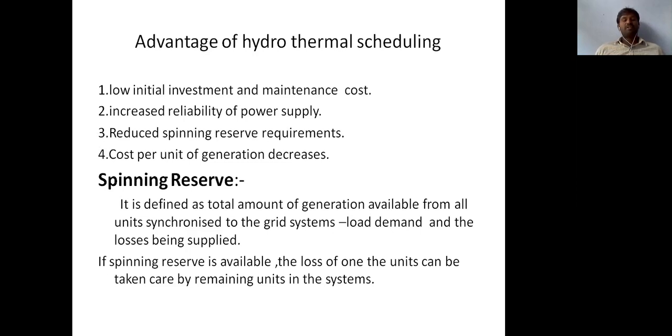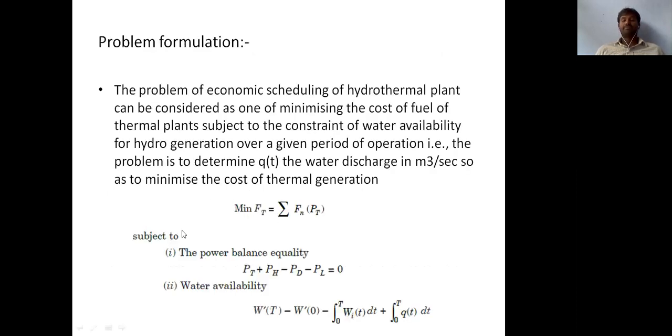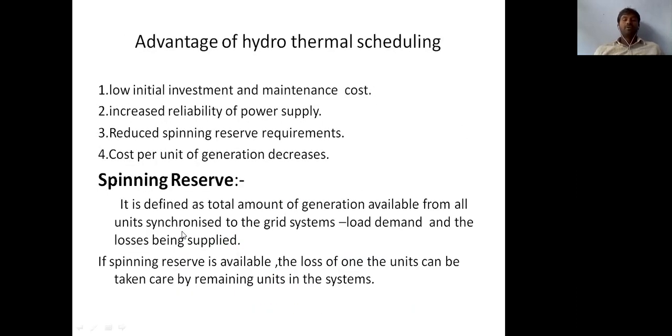If spinning reserve is available, the loss of one unit can be taken care of by the remaining units in the system. Spinning reserve is essential in an interconnected system, as the loss of a large unit in the system may result in under frequency problems.